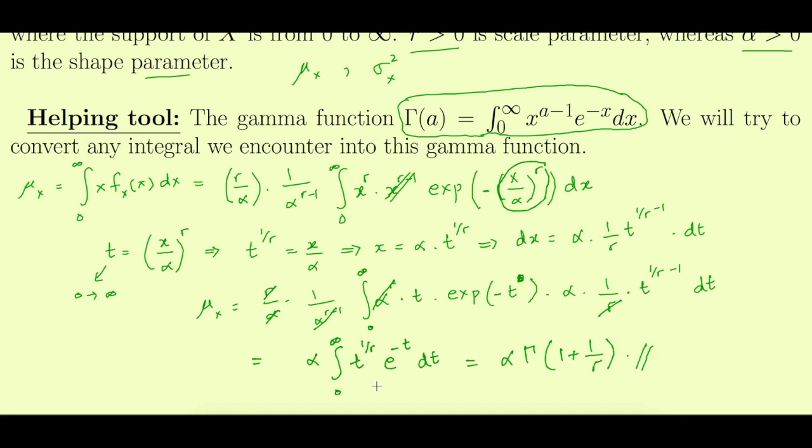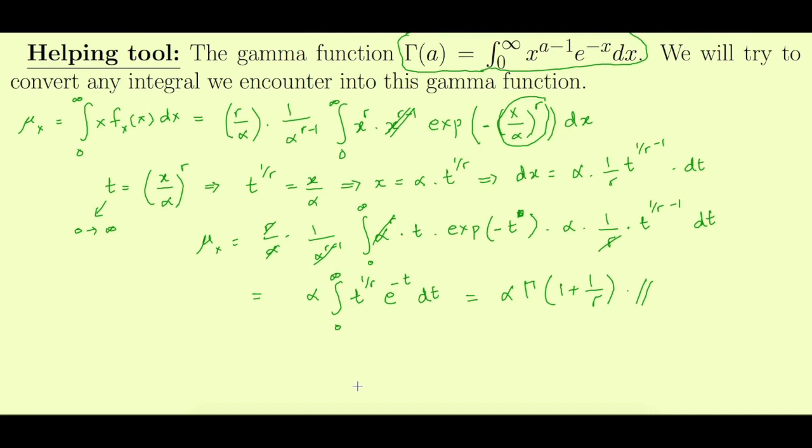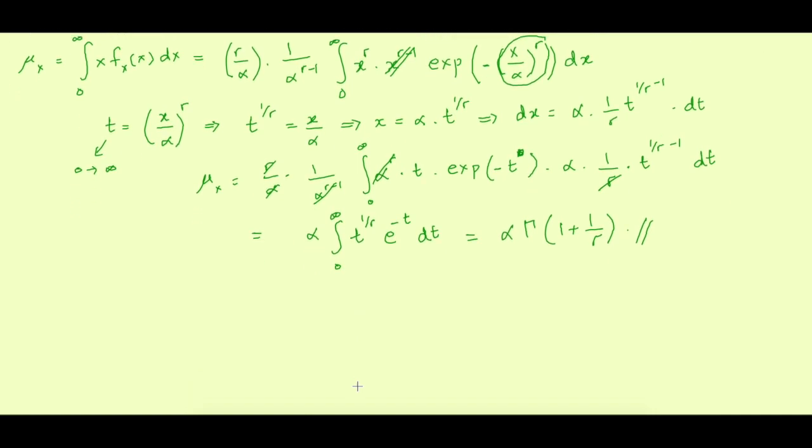Okay. Now let's come to the variance. So variance is exactly the same thing. We'll use exactly the same distribution, but first of all we will calculate the second moment, which is the integral from 0 to infinity of x squared. Same procedure, as you will see. So this is equal to, again, r over alpha, 1 over alpha to the r minus 1.